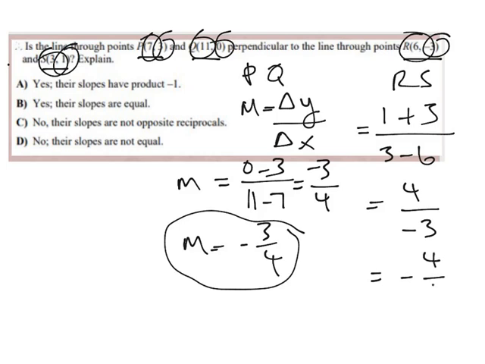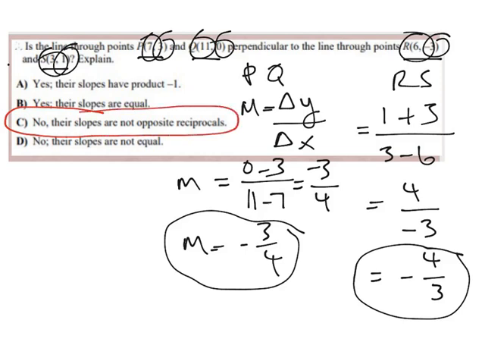So we get negative 4/3. Okay, now we're asked, are these two lines perpendicular? And the answer is no. Although they kind of look like reciprocals, they are not opposite reciprocals. Okay?